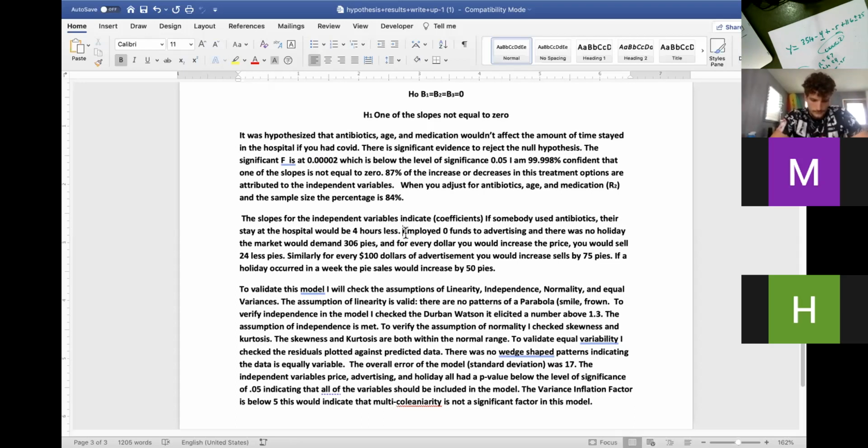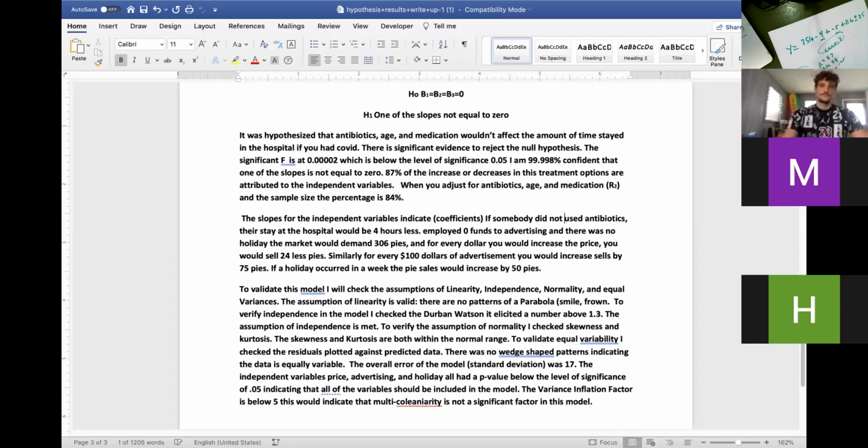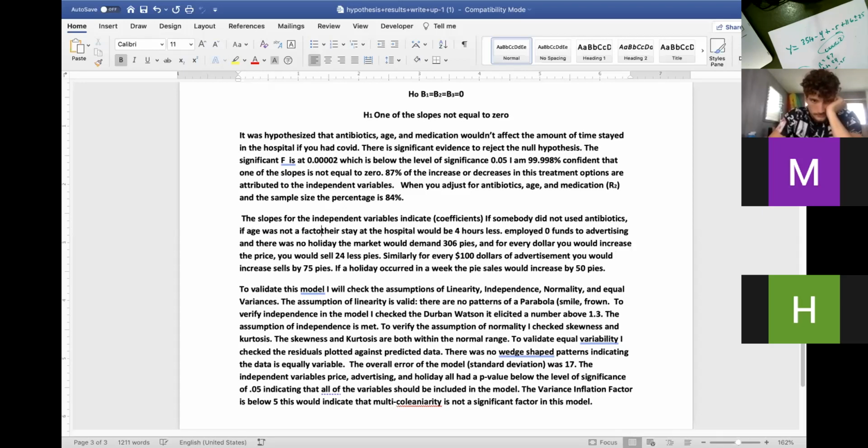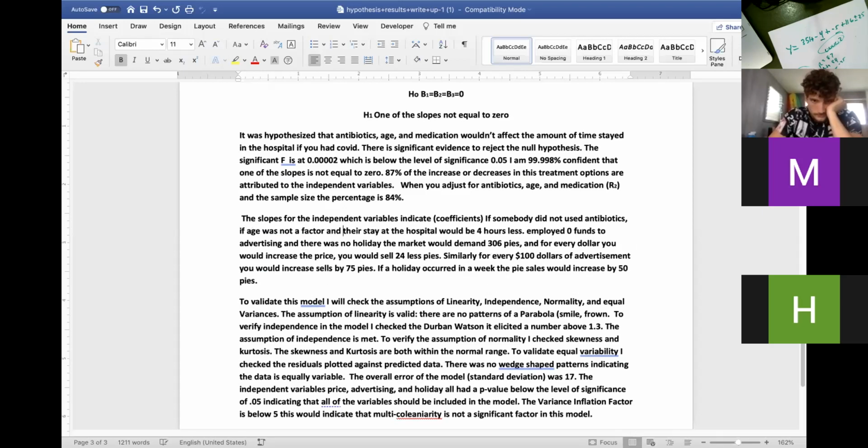So the slopes for the independent variables indicate that if somebody did not use antibiotics, if age was not a factor and they did not use medication, their stay would be 351 hours. So if everything was 0, basically, their stay would be 351 hours.